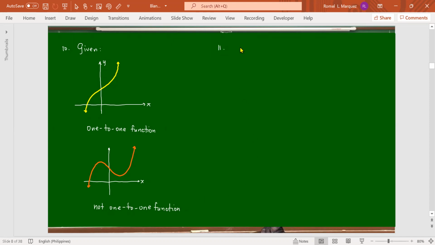Number 11. Which of the following equations, or which of the following functions, is one-to-one?